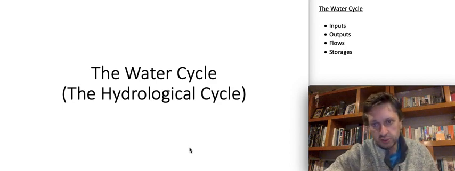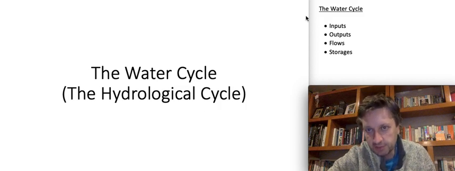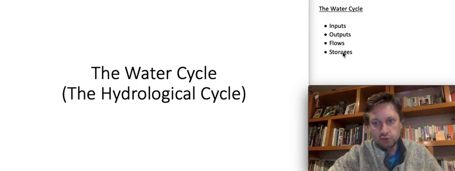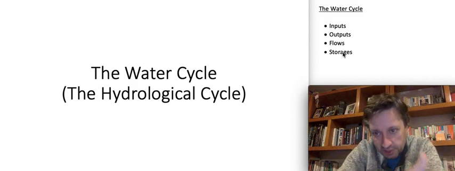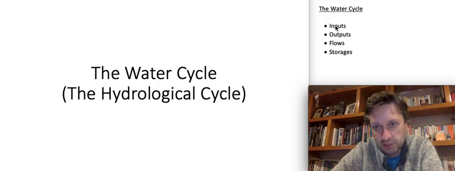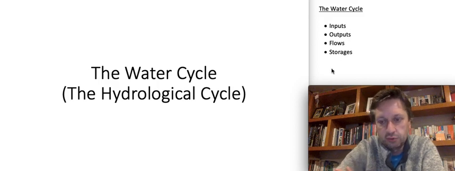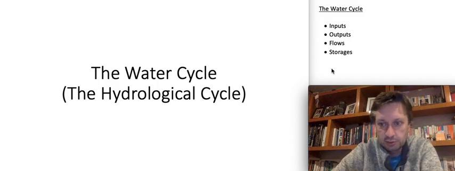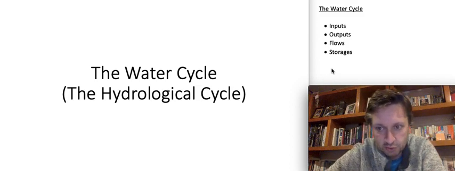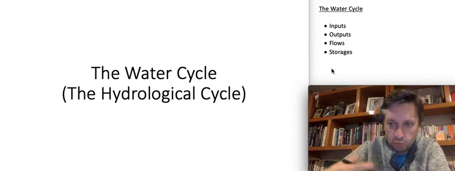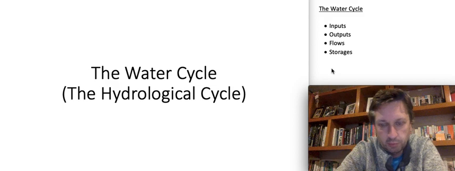So we can think of the water cycle as a system, and like any system, it has inputs, outputs, flows, and storages. So basically in this video, I'm just going to give you examples of each of those four things. I know I always say this, but it should be a very short one. That won't quite bring us to the end of topic 4.1.